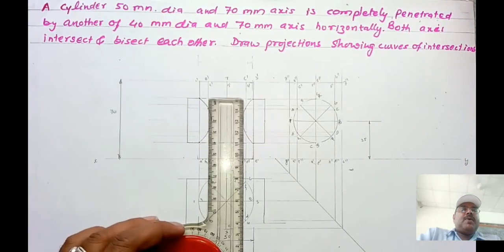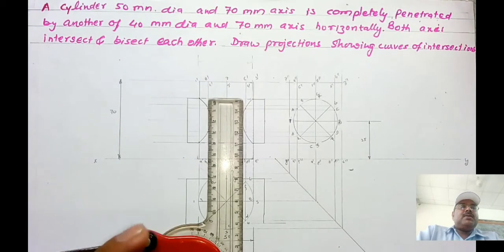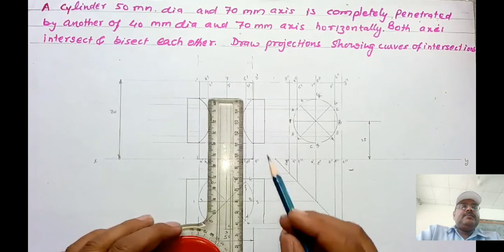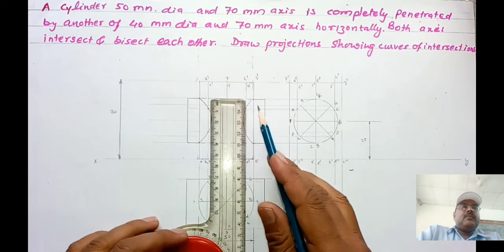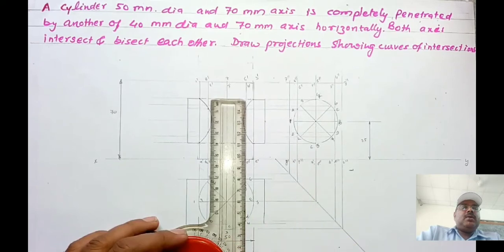Only seen parts have a straight line and hidden parts have a dotted line. So we have to show the intersection point in top view also. Project the intersection point from front view to top view as shown in the figure.